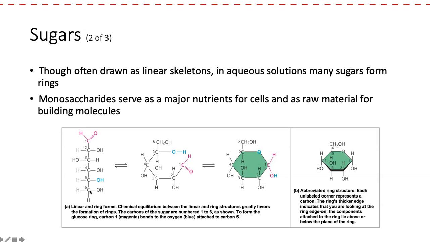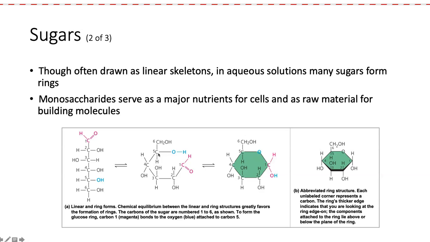The 6th carbon or the 5th carbon will join up to the 1st carbon. And the one that we're going to show you, it's going to be the 5th carbon that's going to join up with the 1st carbon into a ring. So pay attention to how this happens. We have this folding over. And so the 1st carbon comes into contact with the 5th carbon.